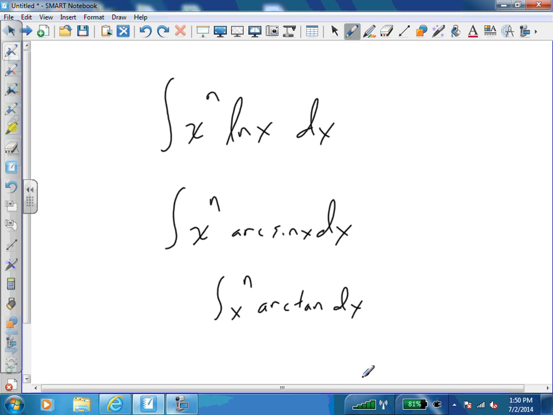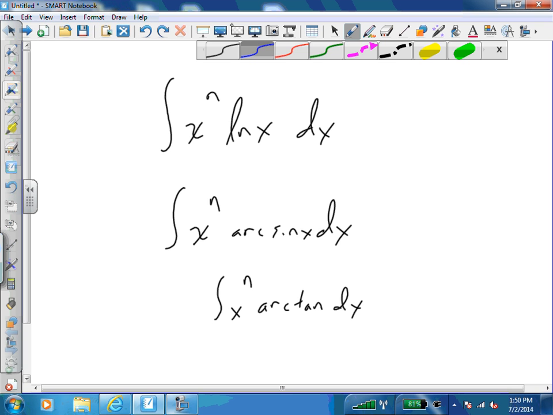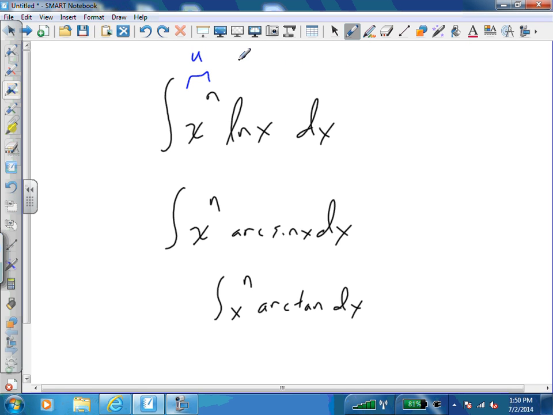Normally when we have x to a power, that's what we pick for u. But notice, in this case, if we pick that for u, then that would have to be dv. We don't have a formula to integrate natural log. We have a formula to take the derivative of natural log, but we don't have a formula to integrate natural log. Same thing with arc sine, arc tangent. We can't let that be dv because we don't know how to integrate that.